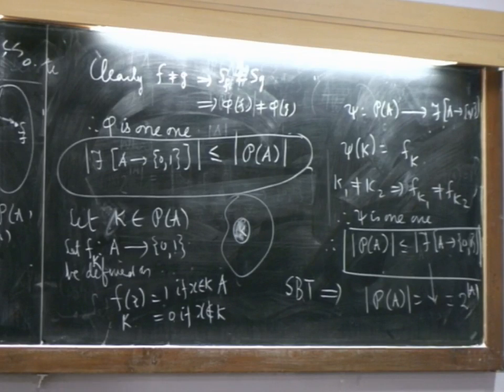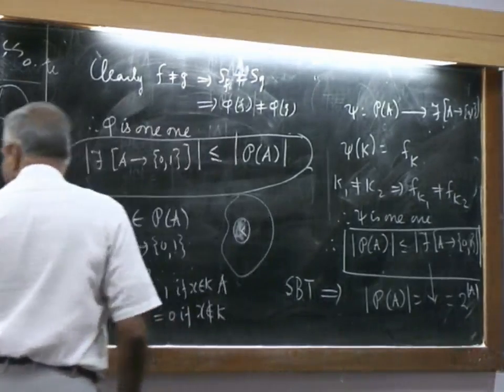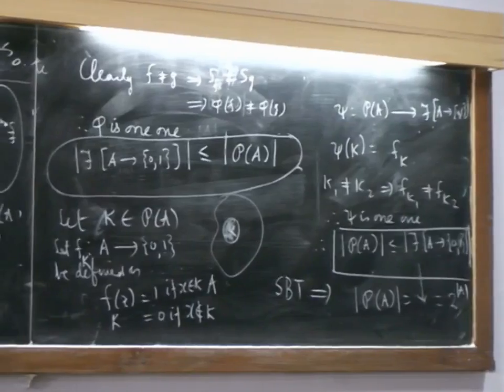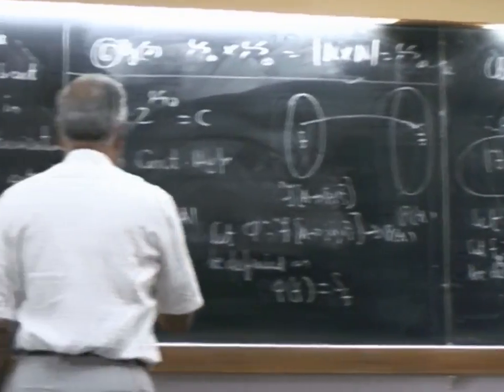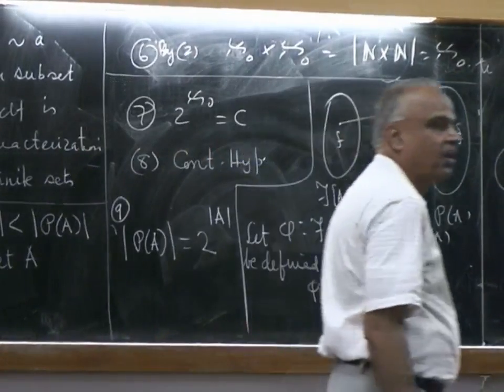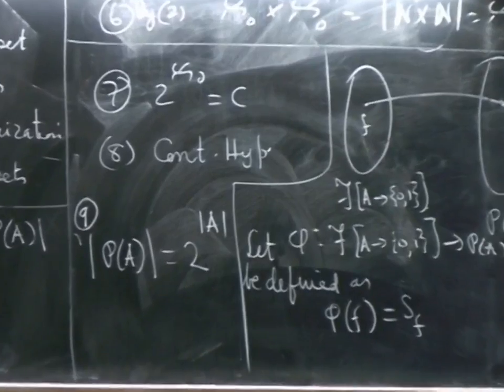So what we normally intuitively do is correct. The cardinality of P(A) is 2 to the power of the cardinality of A. The cardinality of the power set is 2 to the cardinality of the set itself, and that's what we got right in the finite set.